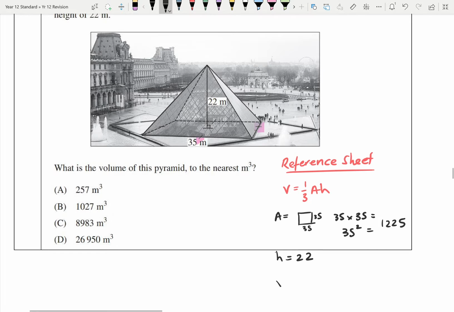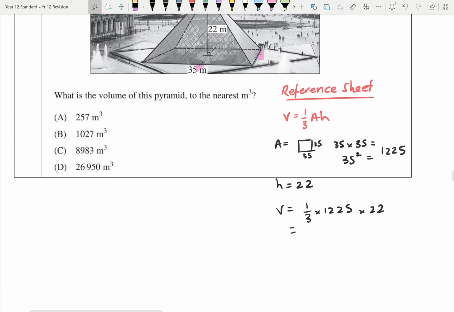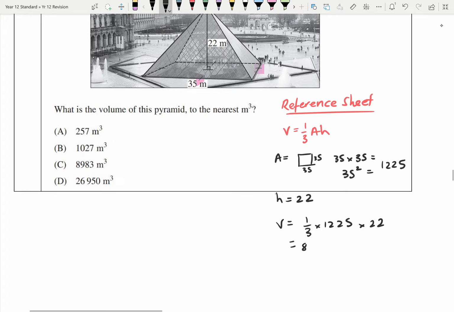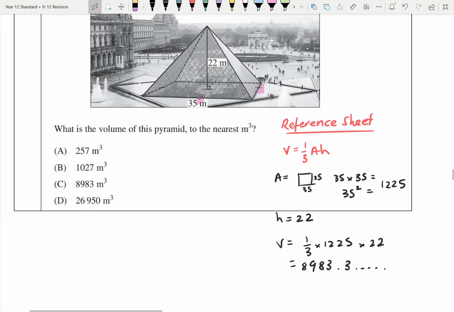So our volume is just going to be 1/3 times 1,225 times 22. And that should pop out an answer of 8,983.3, and it goes on for a bit. We can have a look at our answers, A, B, C, D, and clearly it's closest to C. Okay, and that should make you feel pretty confident if you get something super, super close.